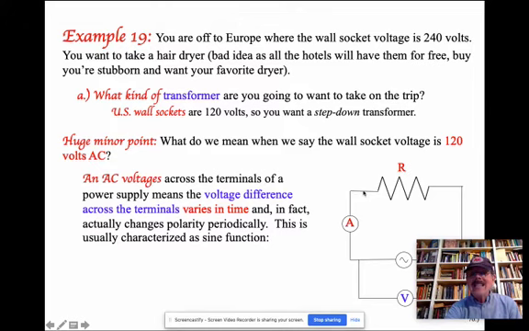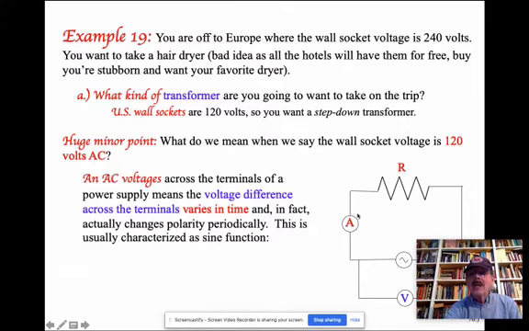In an AC setting, that definition kind of goes out the window because the amount of charge that passes by this point in a unit time over a period of time is zero. Okay, the charge is going this way as much as it's going that way. So effectively, from a DC perspective, the net effective current flow is zero.